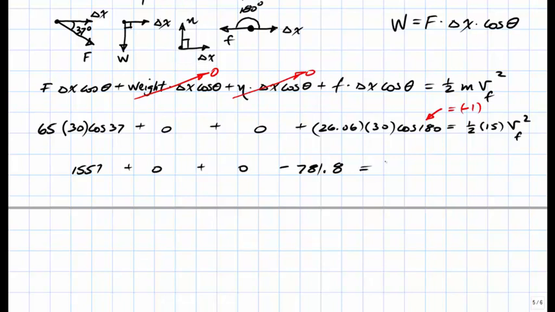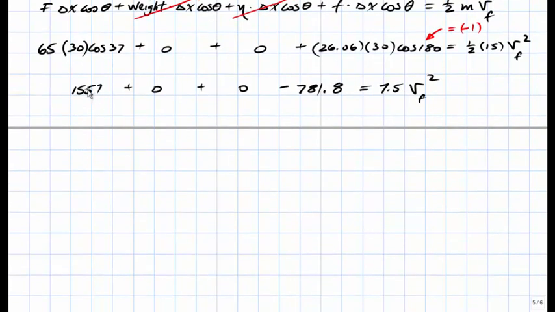And on the right-hand side, we have 7.5 V final squared. Let's combine these two terms, right? Just a matter of doing 1557 minus the 781.8. That results in 775.2 equals 7.5 V final squared.